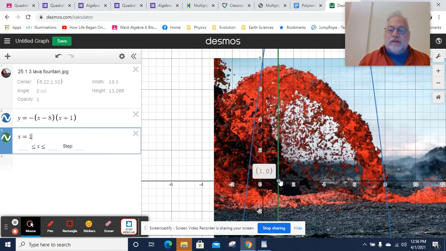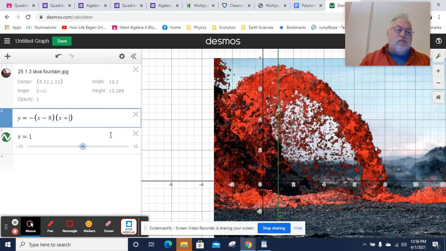So what that tells me is my other x-intercept should be, from 8 to 1 is 7, so it should be 7 in this direction. 7 away from 1 in this direction is going to be negative 6. So I need this to work for negative 6 plus something equals 0.